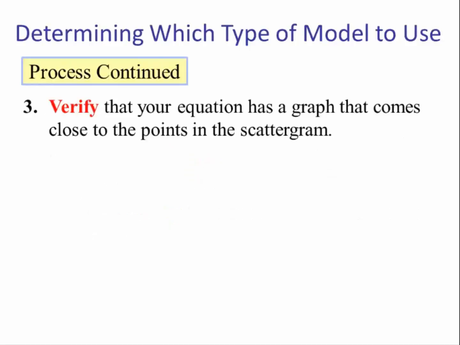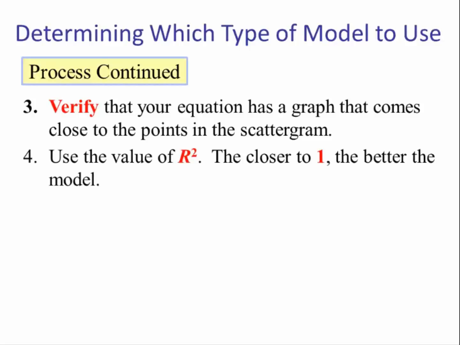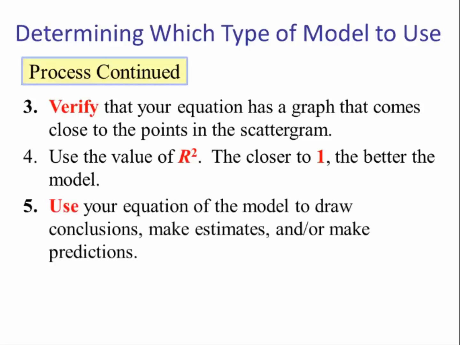Number 3, we verify that the equation has a graph that comes close to the points of the scattergram. Number 4, we use the value of r squared. The closer to 1, the better the model. Number 5, we use the equation of the model to draw conclusions, make estimates, and or make predictions.